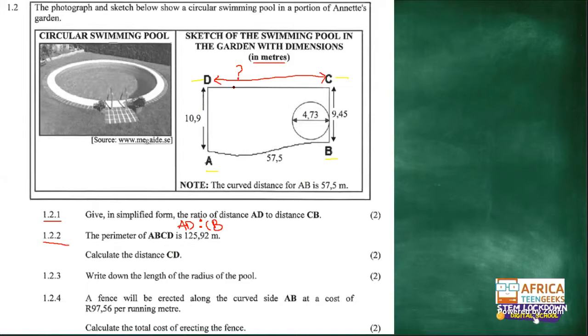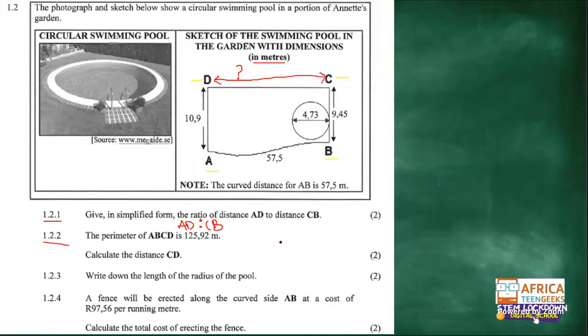Now for this one, what you need to notice is that when you add all of these sides, AB plus CD plus CB plus AD, you must get 125.92. So if one is omitted, it means one is subtracted from that. What should be its length?